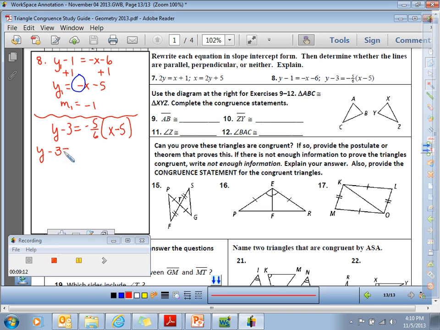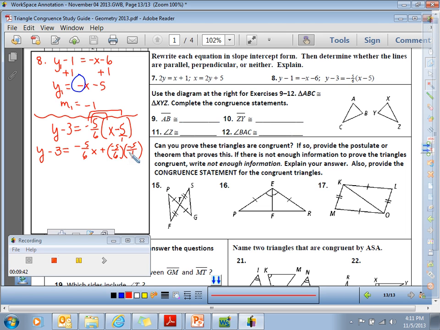I'm going to keep this as y minus 3 and go ahead and distribute the negative 5/6 with x and negative 5. So this is negative 5/6 x, and negative 5 over 6 times negative 5 over 1.